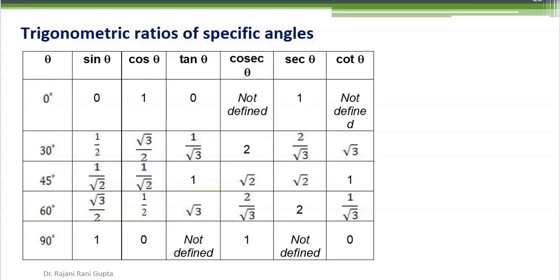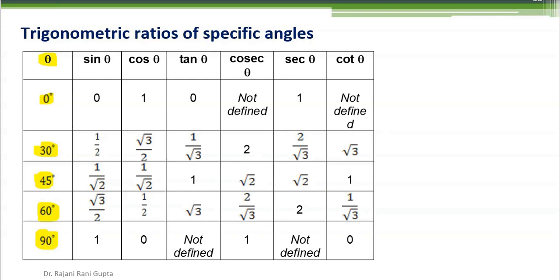In this video, we will see how we find the trigonometric ratios of some specific angles from this given table. First you need to understand what the table gives us. If you look at the first column, it gives you the measurement of the angle. Here we are putting the standard angles like 0 degree, 30, 45, 60 and 90.